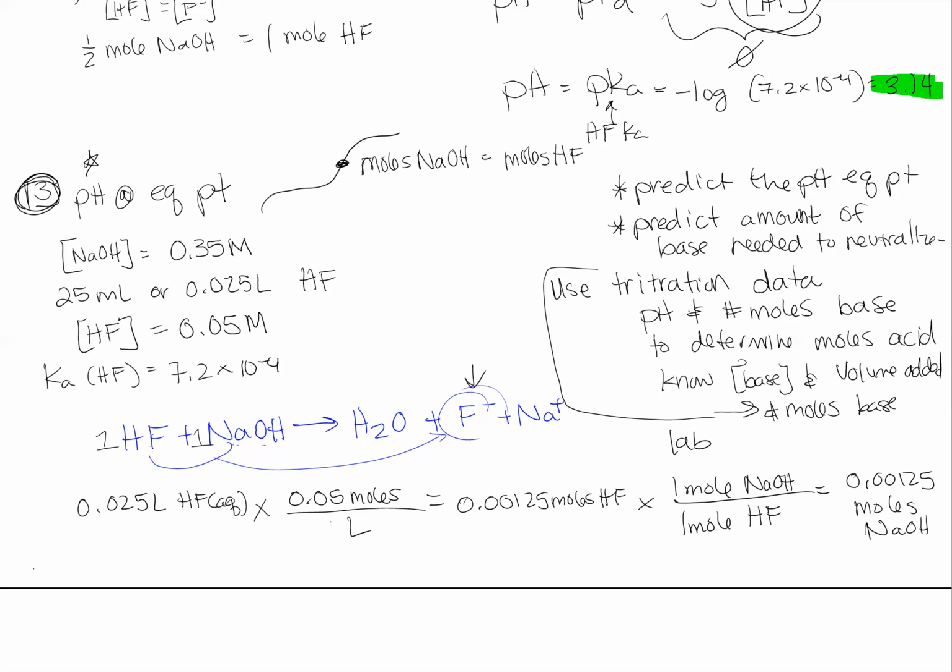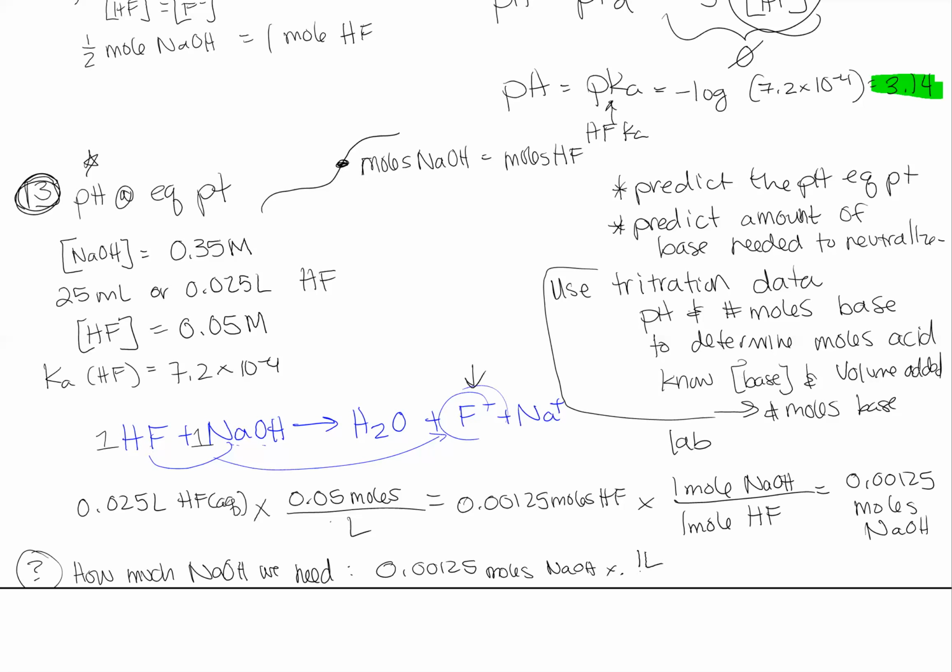So if we want to know how much of our base we're going to need to add to get to that equivalence point, we can use that number of moles that we just calculated, the 0.00125, and multiply it by the inverse of the concentration.